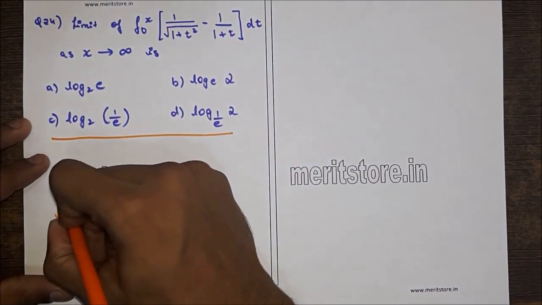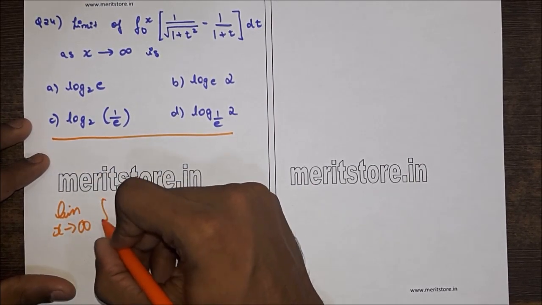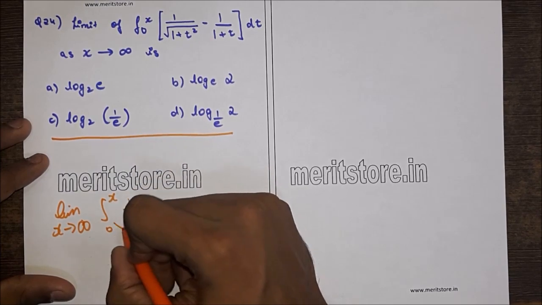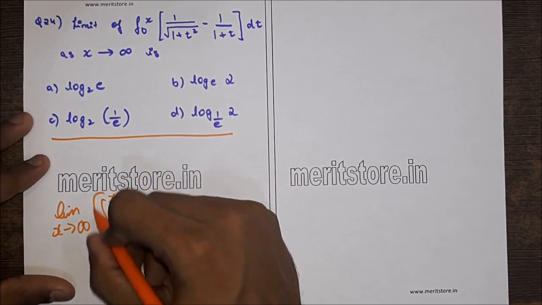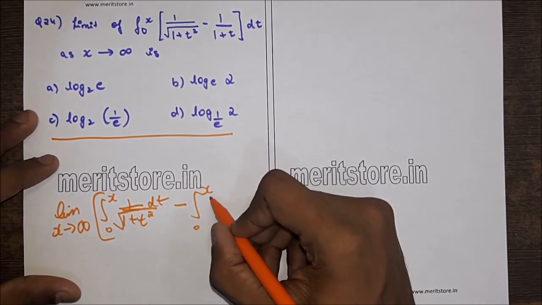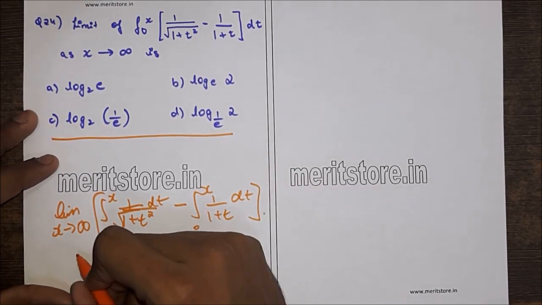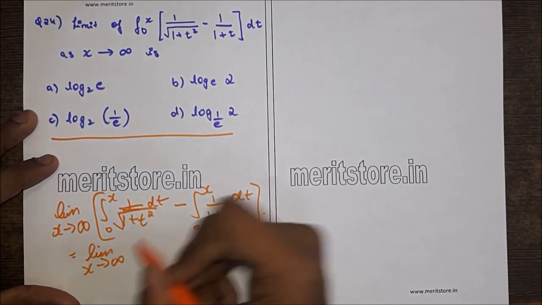We get limit of x tends to infinity of the integral of 0 to x of 1 by root of (1 + t²) dt, minus the integral of 0 to x of 1 upon (1 + t) dt.